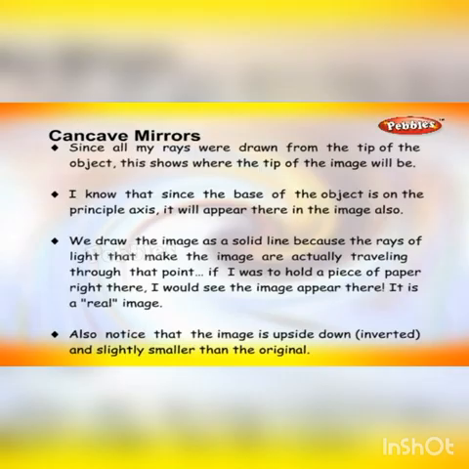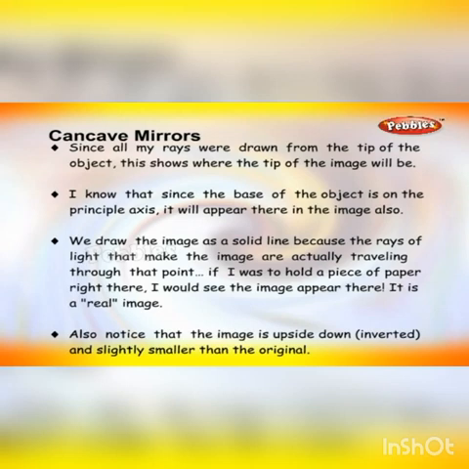Since all my rays were drawn from the tip of the object, this shows where the tip of the image will be. I know that since the base of the object is on the principal axis, it will appear there in the image also. Figure 4.